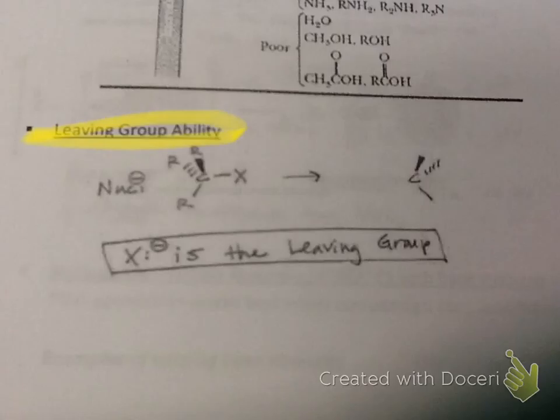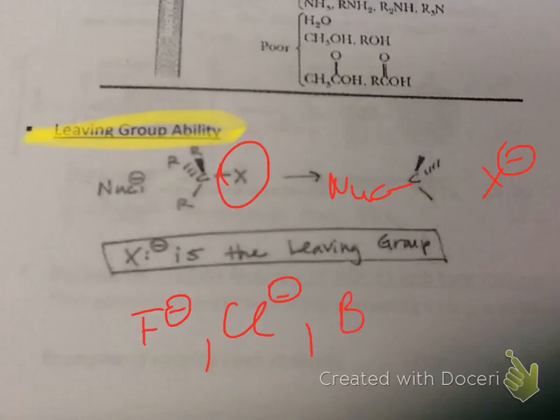So our leaving group here, remember in this chapter, will be the halides. So halides can be fluoride, the leaving group when the nucleophile comes in, can be chloride, it can be bromide, or it can be iodide, because all of these are halogens attached to the alkyl halide that will eventually leave.